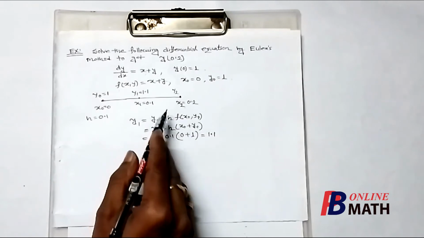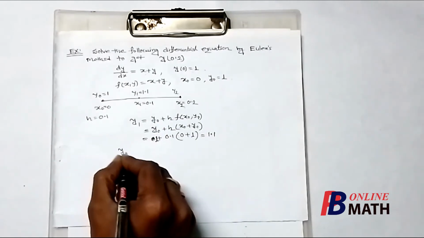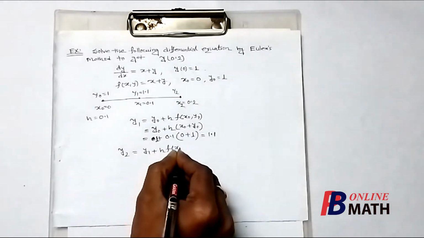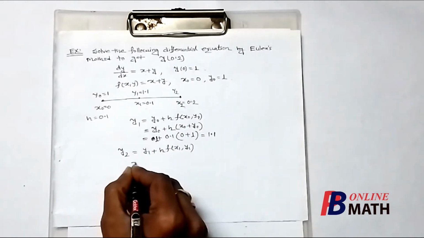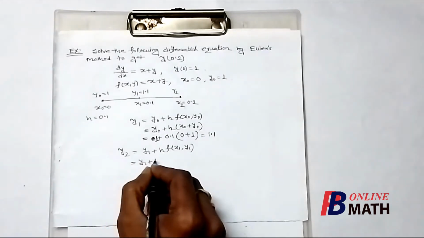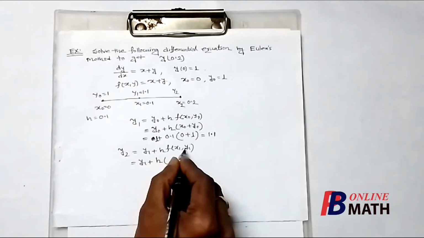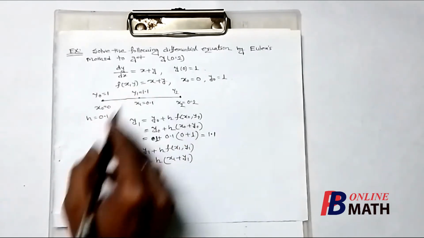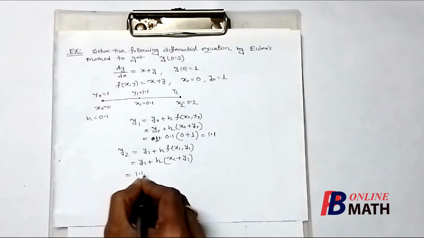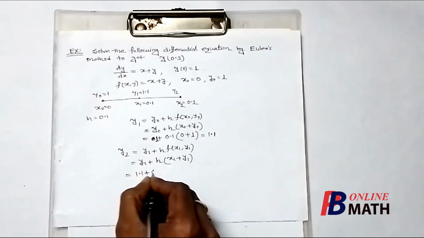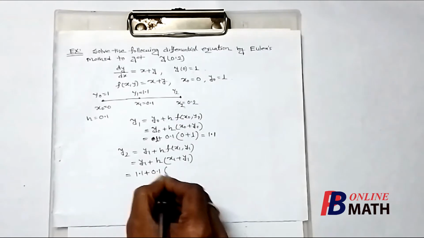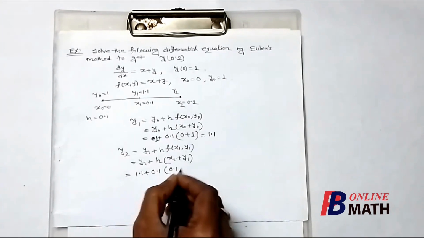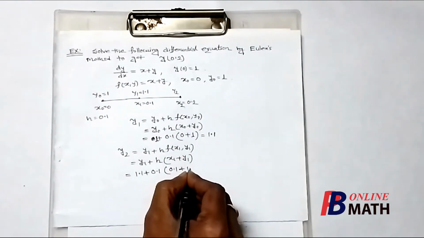Now if we apply this formula again, then y2 will be y1 plus h into f(x1, y1). So that is equal to y1 plus h into, now f(x1, y1) will be x1 plus y1, because f(x,y) equal to x plus y. Now y1 equal to 1.1, h is 0.1, x1 is equal to 0.1 because this is the x1, 0.1 plus y1 equal to 1.1.